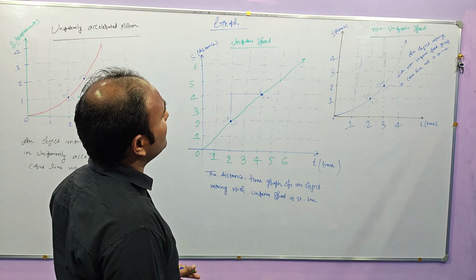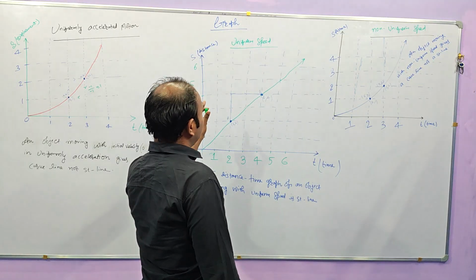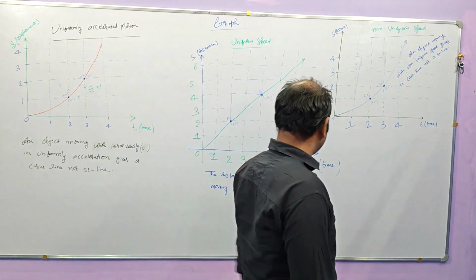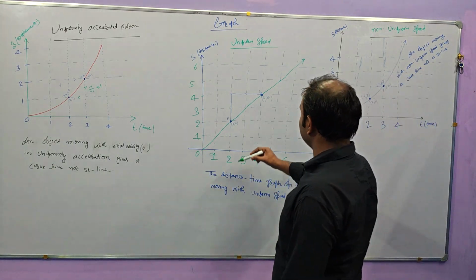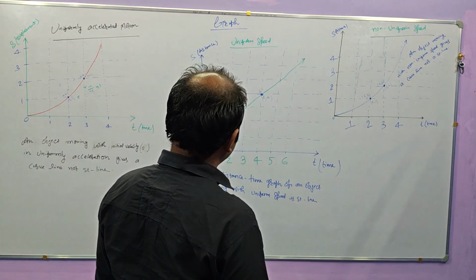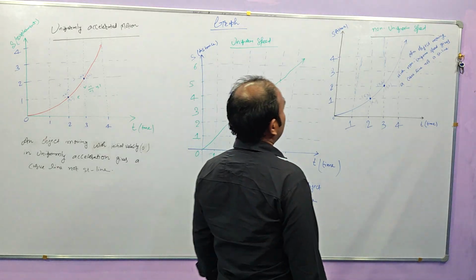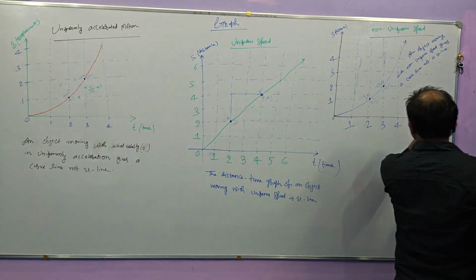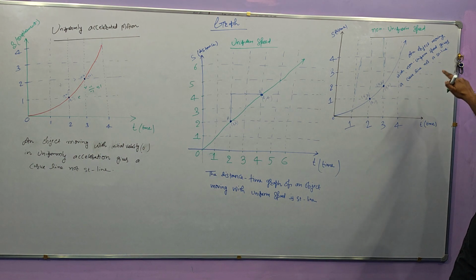So in uniform speed we have a slope that is a straight line, and in a non-uniform speed we have a curved slope, basically not a straight line but a curved slope.